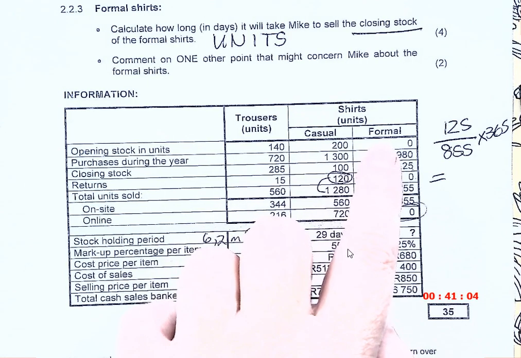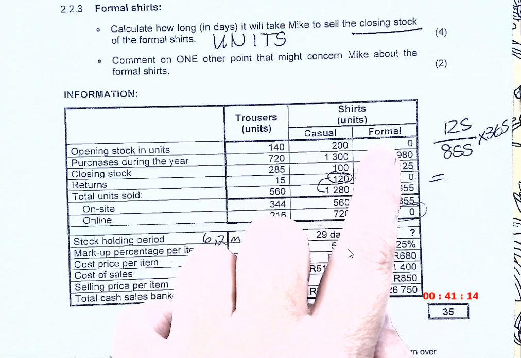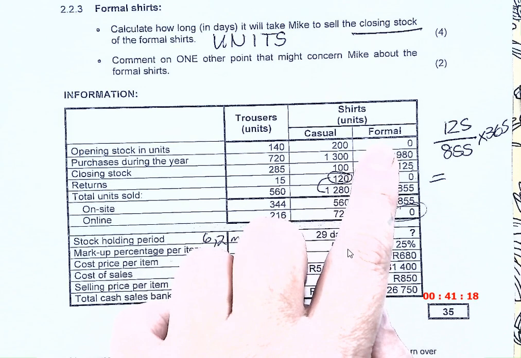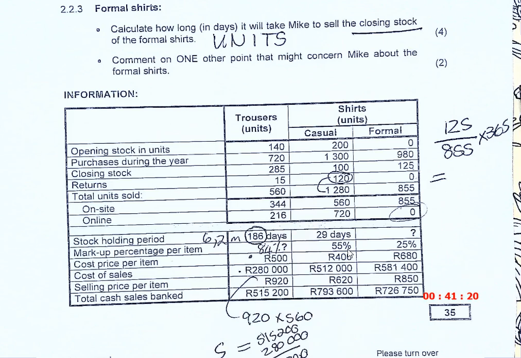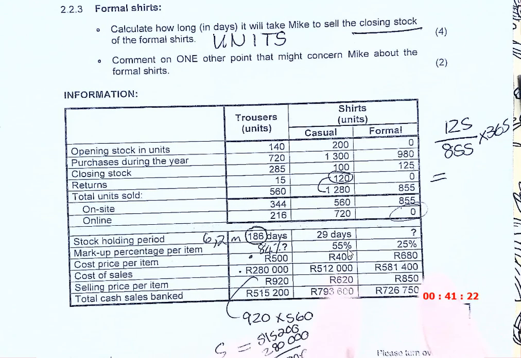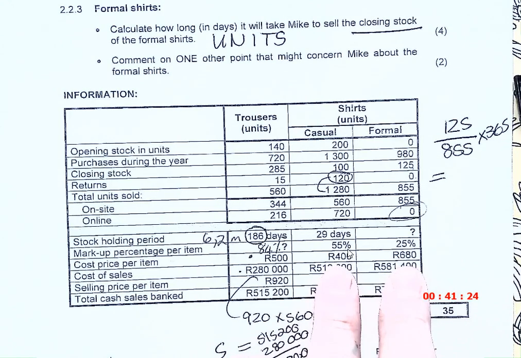So formal shirts is business people, people wanting to buy shirts to go to work. Now, a lot of people think quality comes with price. So if you do not mark it up high enough, there's not a big difference. So it could be in some people's mindsets that this is not good quality.